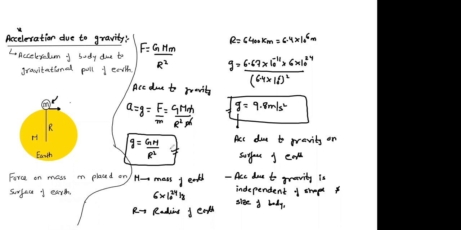But if you place a body at some height above the surface of Earth, or take this body to some depth below the surface of Earth, then the value of acceleration due to gravity will definitely change. And the questions that you get are basically on variations. Variation of acceleration due to gravity.